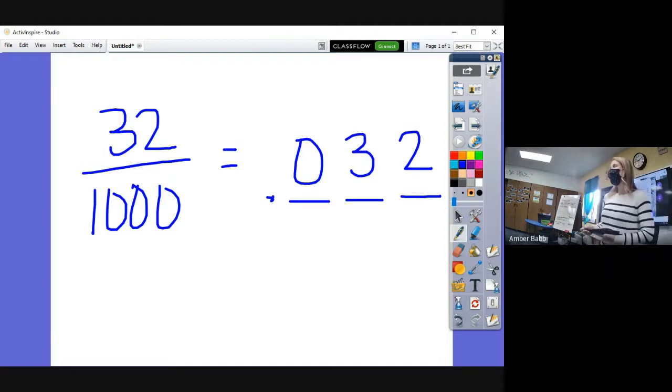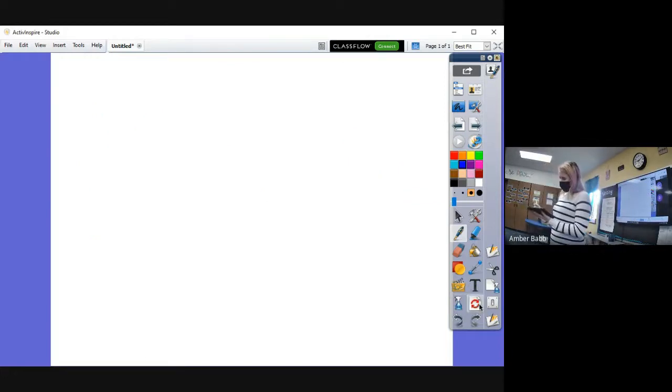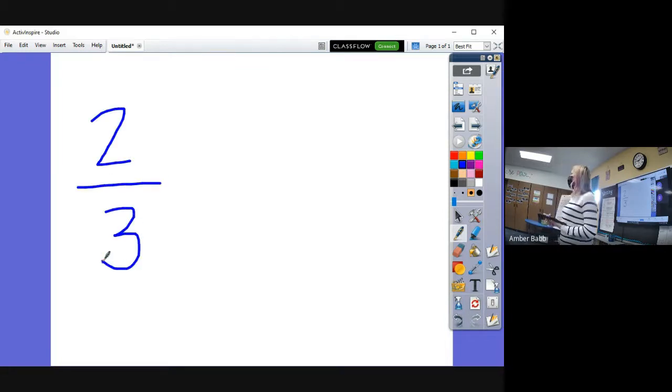Now, let me go back. You don't want the worksheet yet, because the worksheet isn't this. This is the easy version, but not every denominator is a 10, 100, or 1,000, is it? Now what? Where's the thirds spot when I have a decimal? Is there a spot that's thirds? No, these are tenths, hundredths, and thousandths.